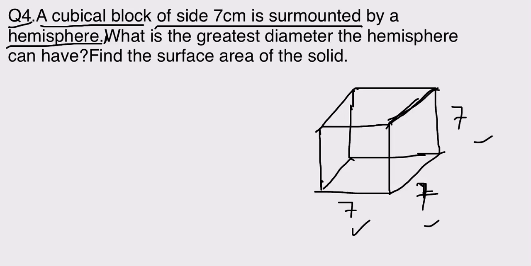Now on the top of this cubical block a hemisphere has to be mounted. Mounted means to be kept. But the condition is, what is the greatest diameter? We have to mount the hemisphere so that its diameter is the greatest one.